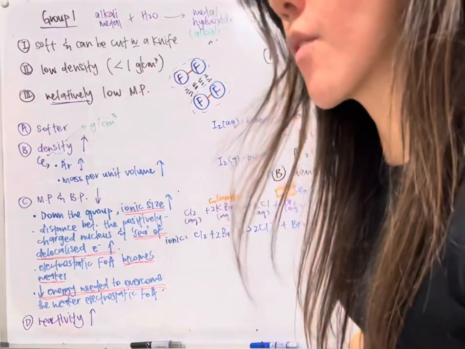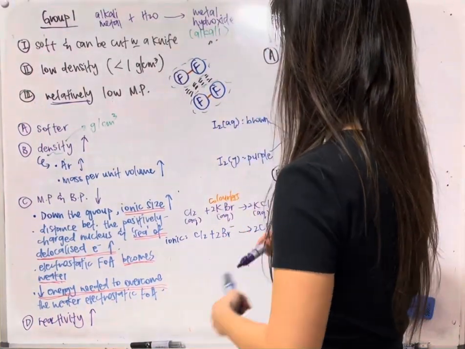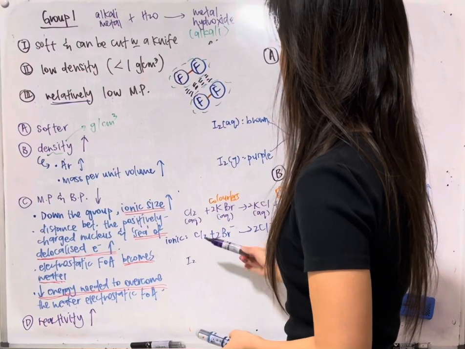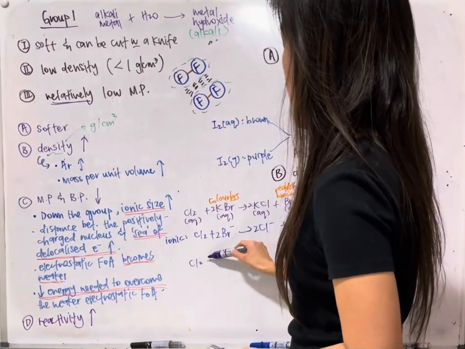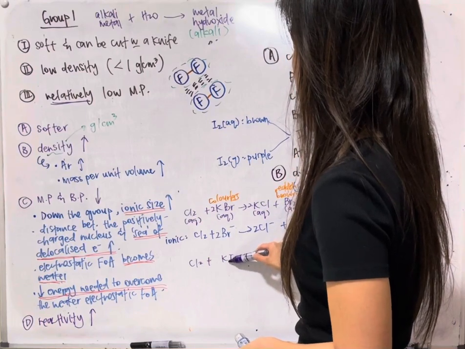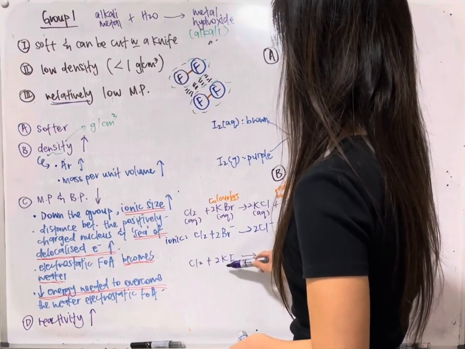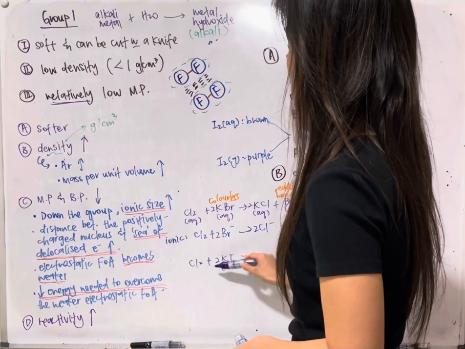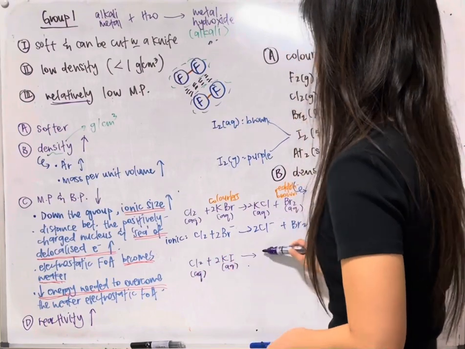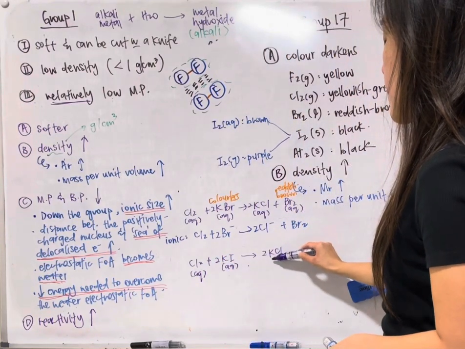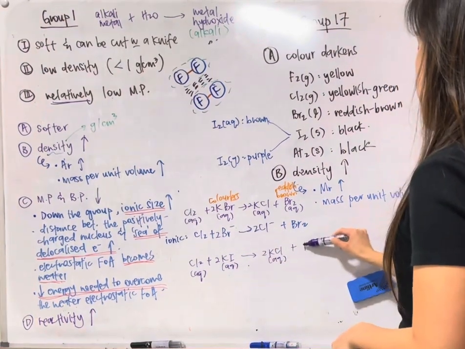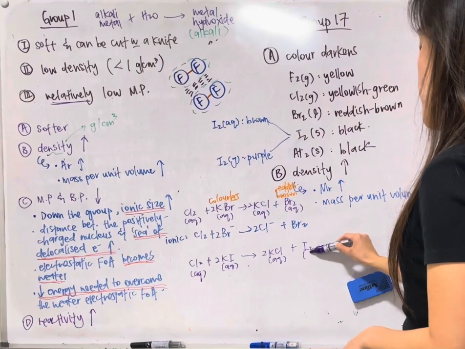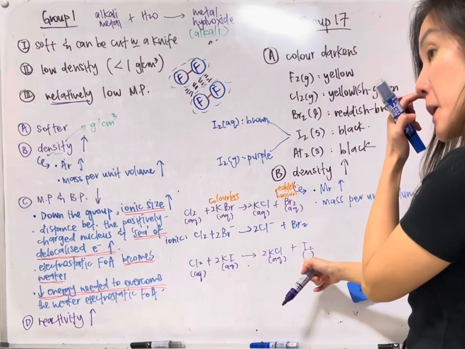Understand? Okay, so if I were to have iodine, iodine cannot displace any substance, but your chlorine can displace iodine from its salt. This is aqueous, and then you will form iodine here, right? Explain for 1 mark, Roseanne, how come this can occur? By the way, what state is this, Alicia?